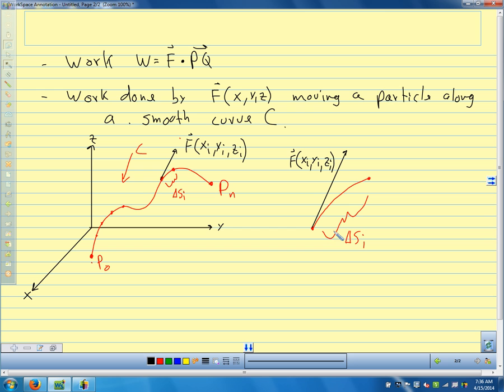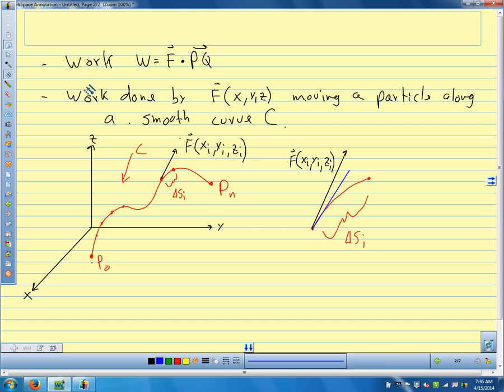Well, what is a vector that we've used that points in the direction of motion at this particular point? Not the normal vector, but the tangent vector. So the tangent vector points in the direction of motion. So here is our tangent vector at that particular point.